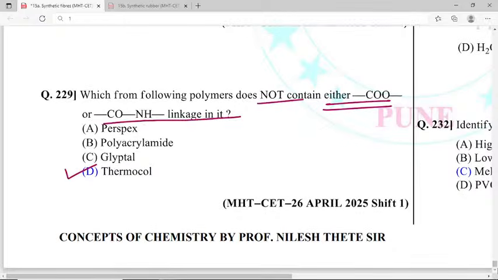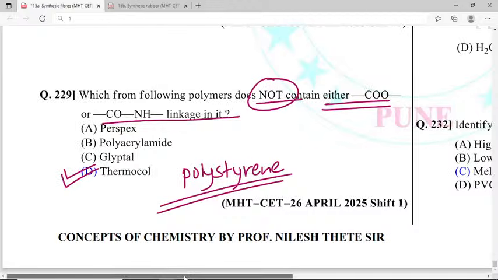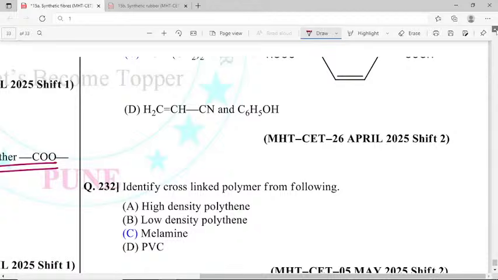Thermocol is the answer. Thermocol stands for polystyrene. Thermocol polystyrene is banned because on heating it becomes bleach.